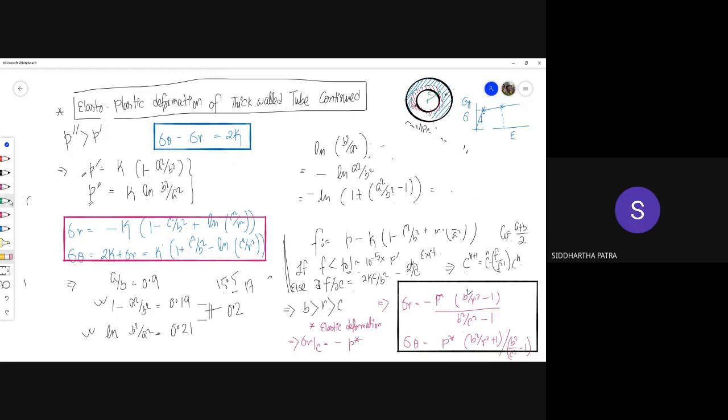Now this logarithm ln of 1 plus x is always less than x, irrespective of what sign x has, what value x is. Because you see, if I expand ln of 1 plus x, that is x minus x squared divided by 2 plus so on. So the next significant term is x squared, and that is always a positive quantity irrespective of the sign of x.